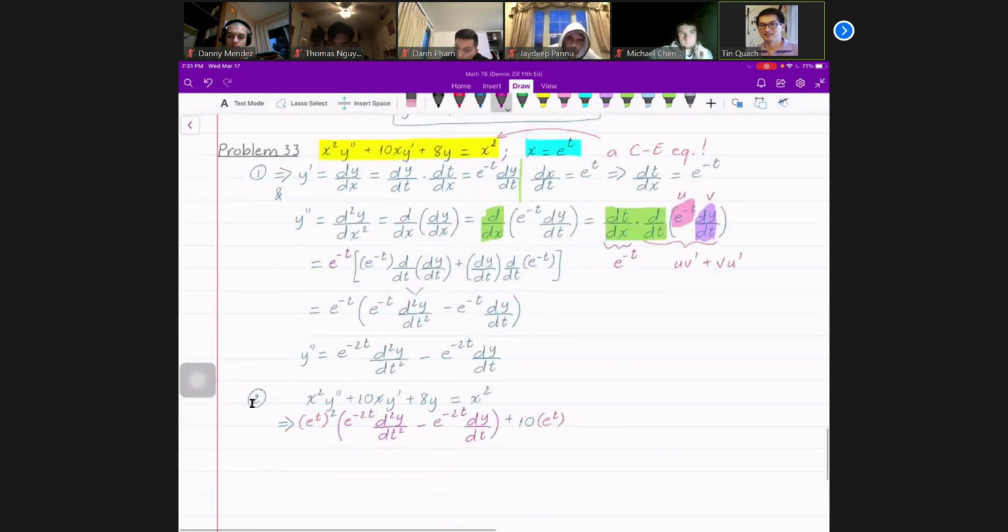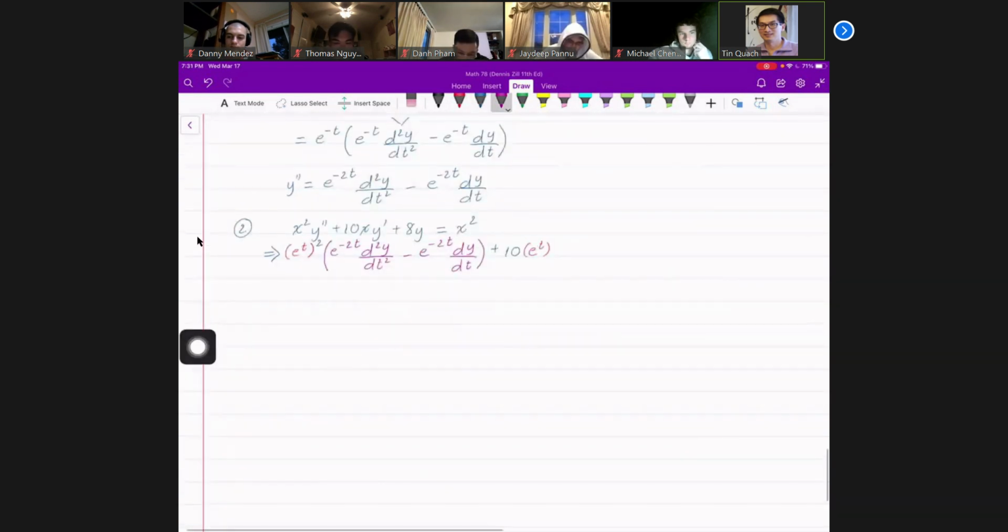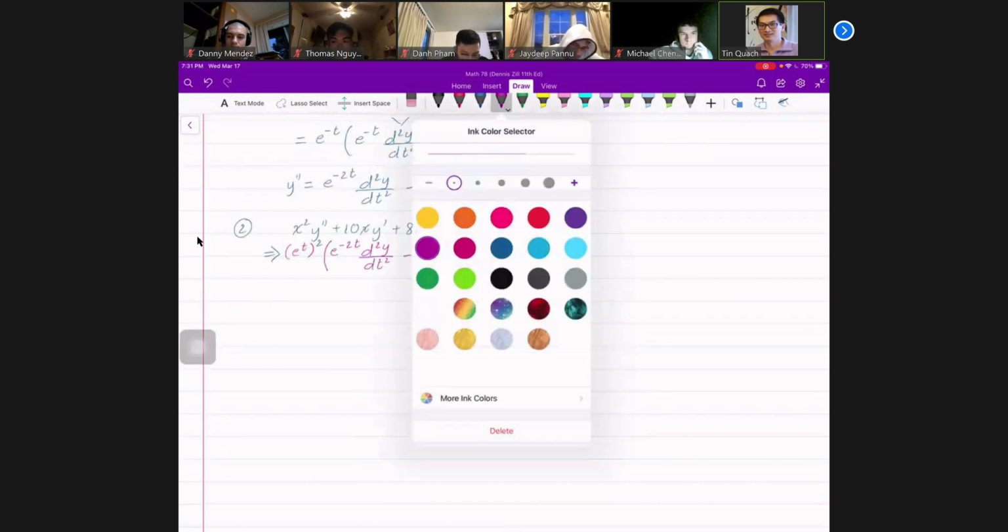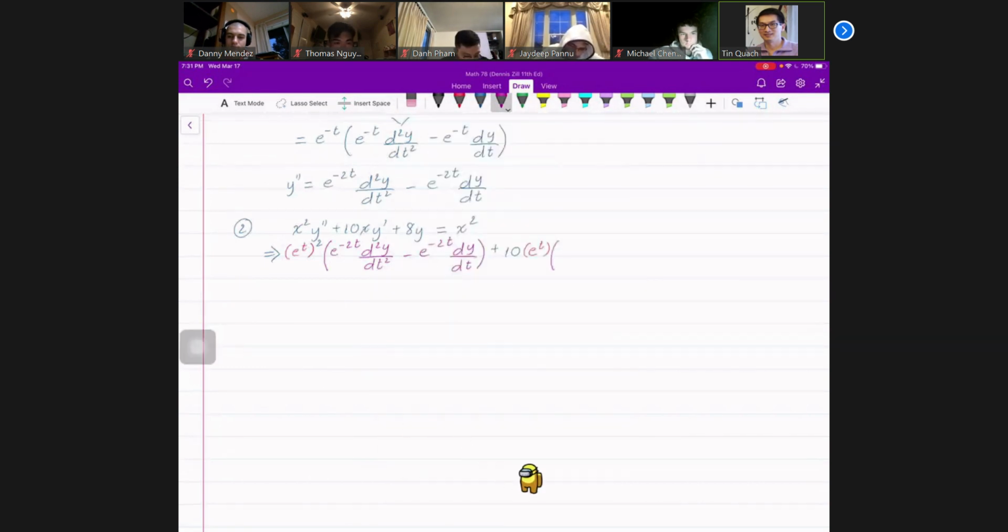You just replace it, it is e to the negative t dy dt. Okay, and then plus 8y equals x squared. Now x is e to the t, and then square it. All right, so let's simplify everything.